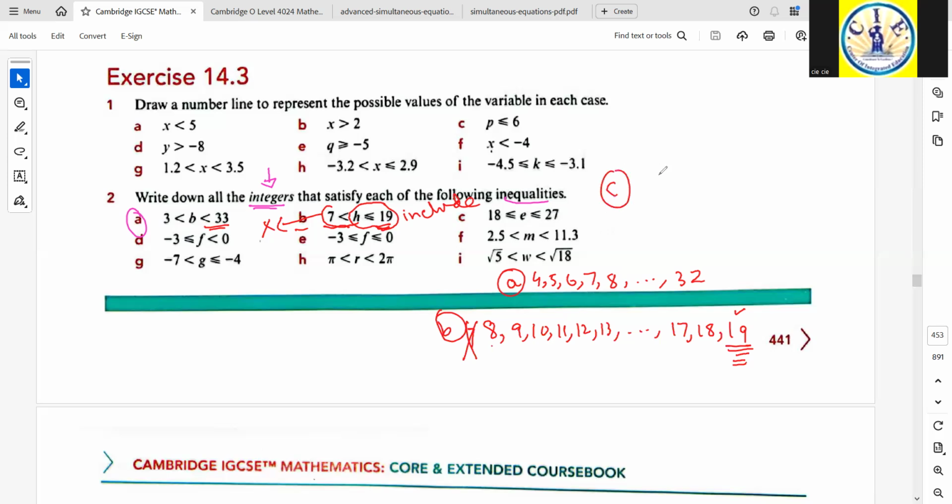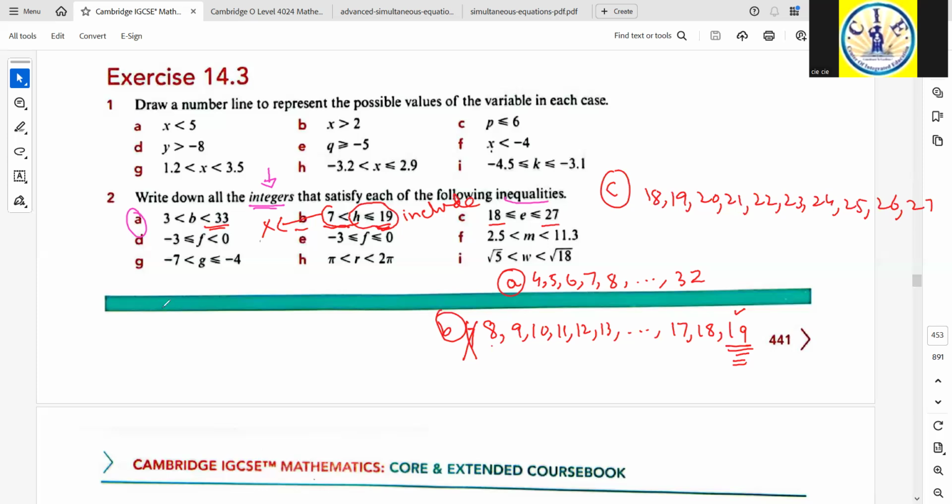Similarly, for part C, 18 till 27 inclusive. So 18, 19, 20, 21, 22, 23, 24, 25, 26, and 27. All of these values have to be included.